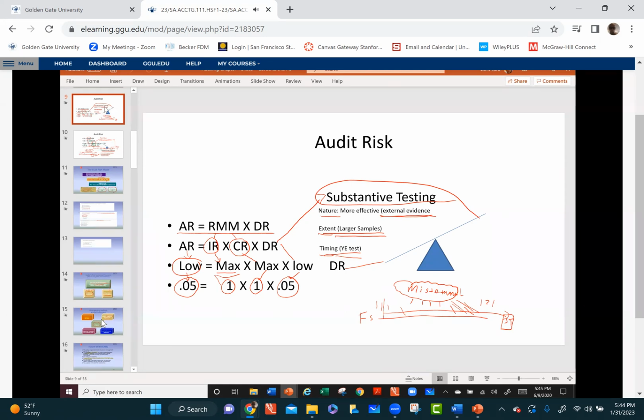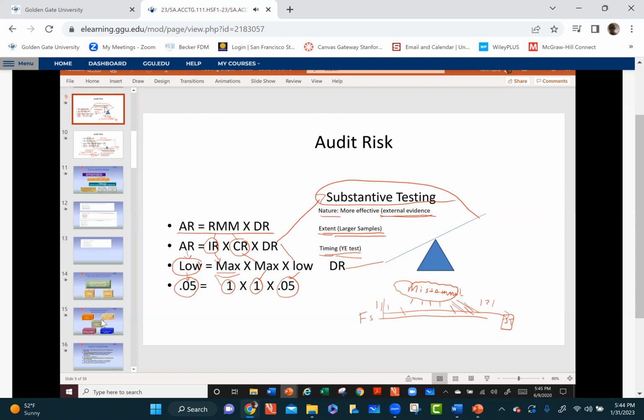So in this particular case, since our risk of material misstatement was at the maximum, we went ahead and lowered our detection risk to a low level, and this is supposed to be a little teeter-totter here, by increasing our substantive testing. And when we say increasing our substantive testing, it's really broader than just doing a lot more testing.